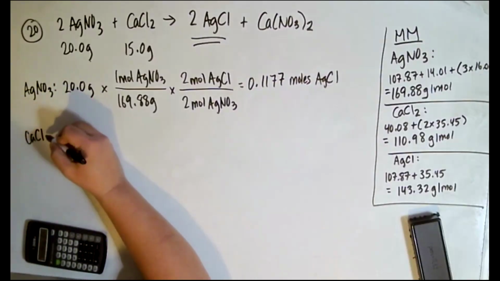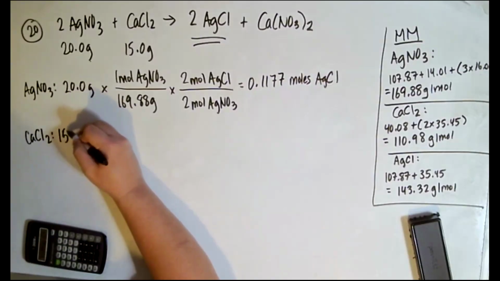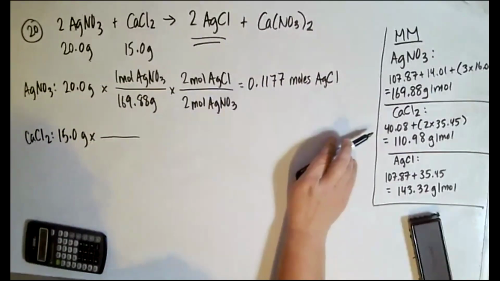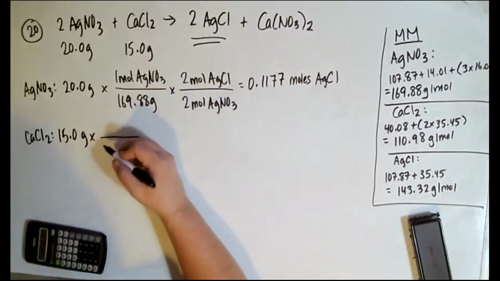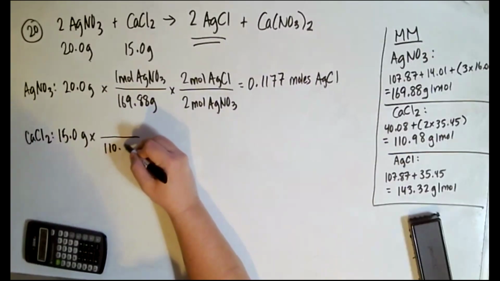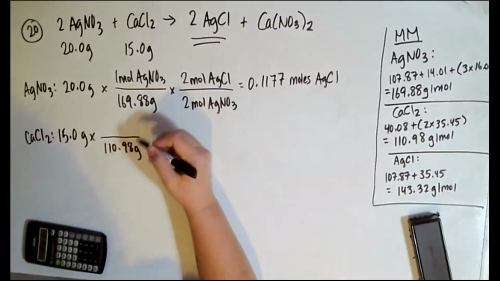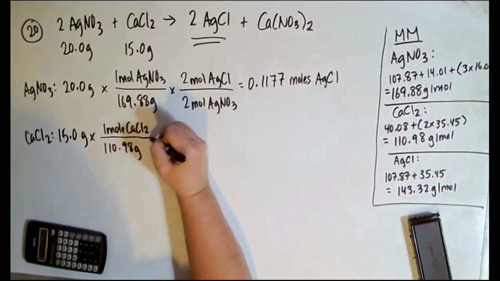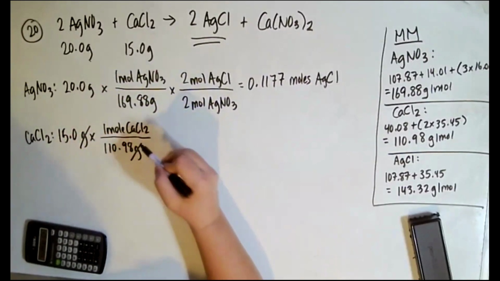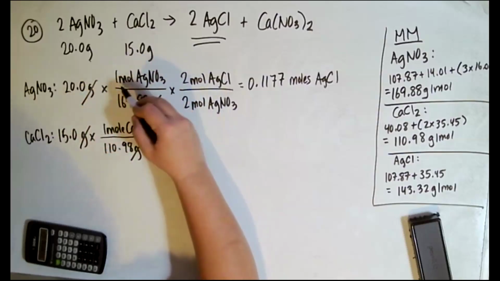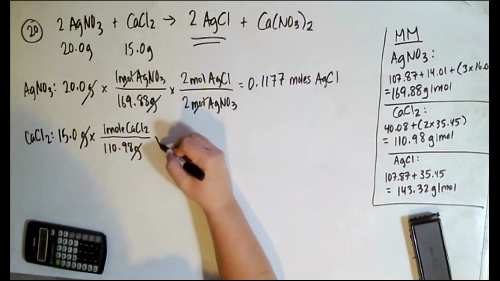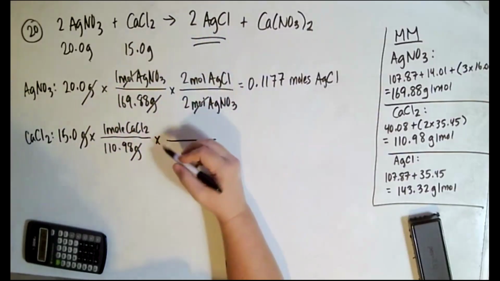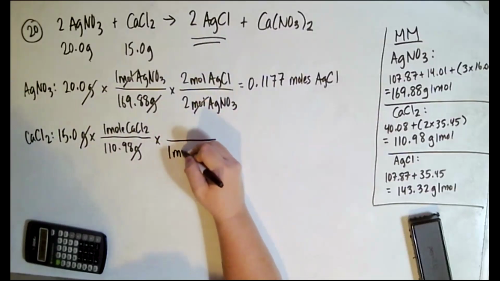Now we're going to do the same thing for the calcium chloride. Here we've got 15 grams. There's 110.98 grams in every 1 mole. Forgot to cross out my units there. And there's 1 mole of calcium chloride for every 2 moles of silver chloride that form.